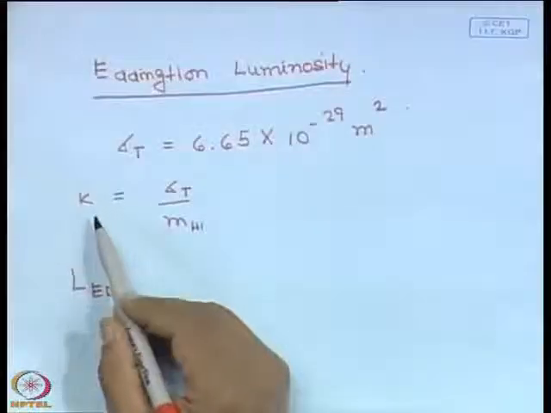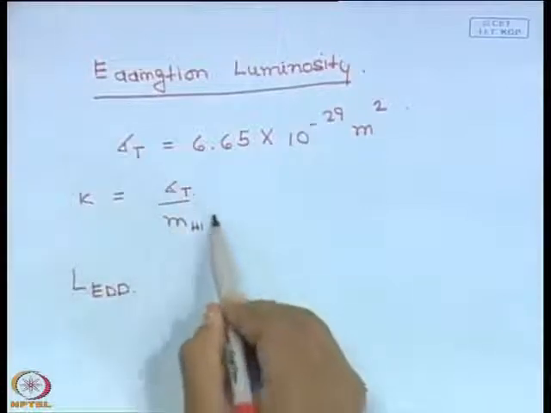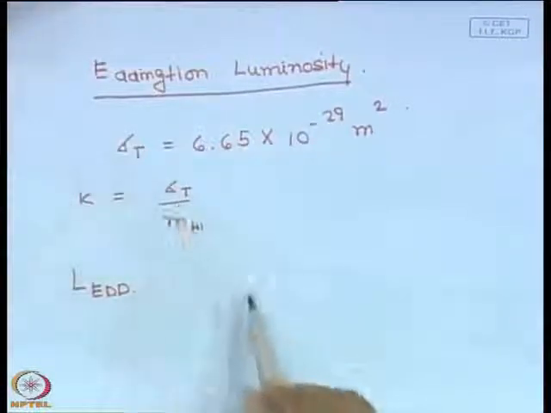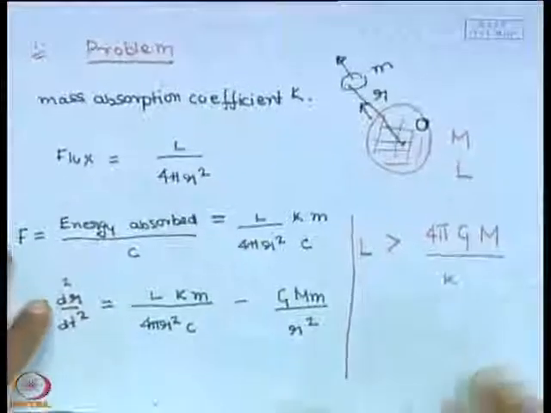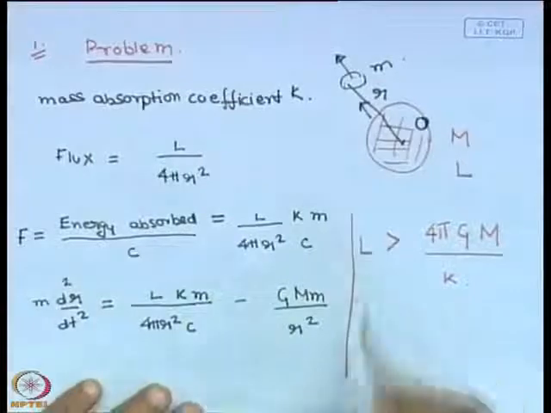So, this is the upper limit to the luminosity of an object of mass m, and you can easily estimate what the value of this is by just putting in this Thomson scattering cross section and assuming it is a hydrogen atom, the mass of a hydrogen atom. So, I leave it to you as an exercise to calculate the Eddington luminosity.